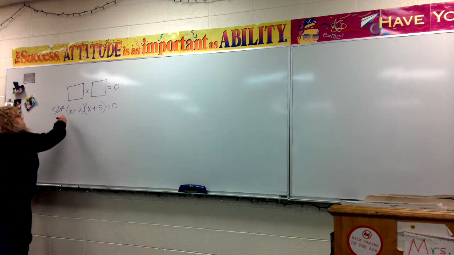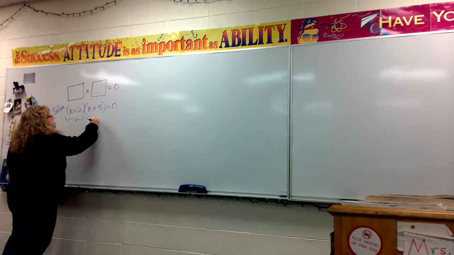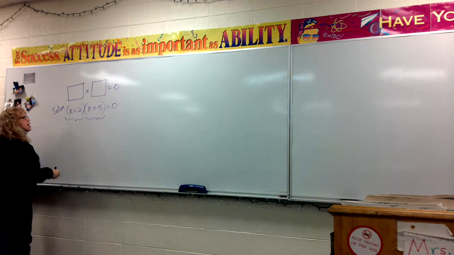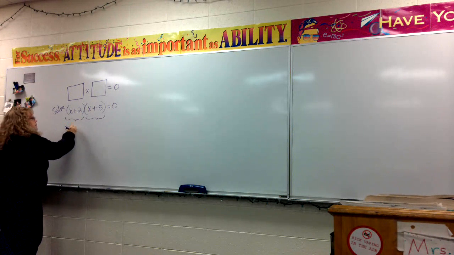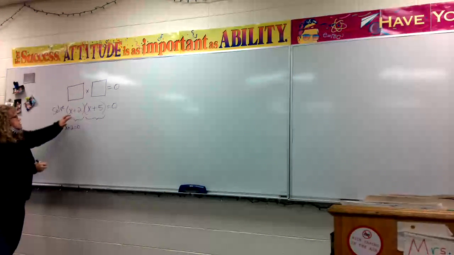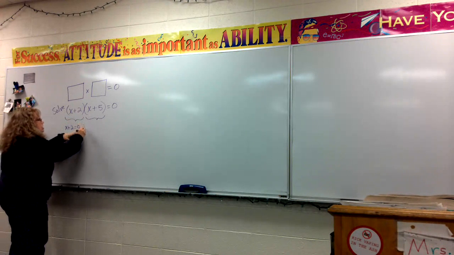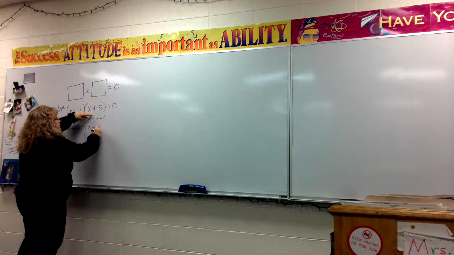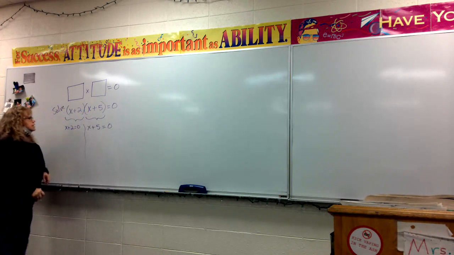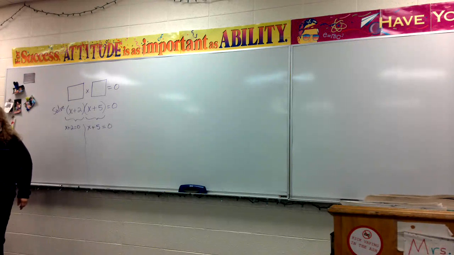So in other words, we're multiplying this times this, and it equals 0. So that means either this thing has to equal 0, or that one equals 0. And remember when we solve, we want to get x equals something.